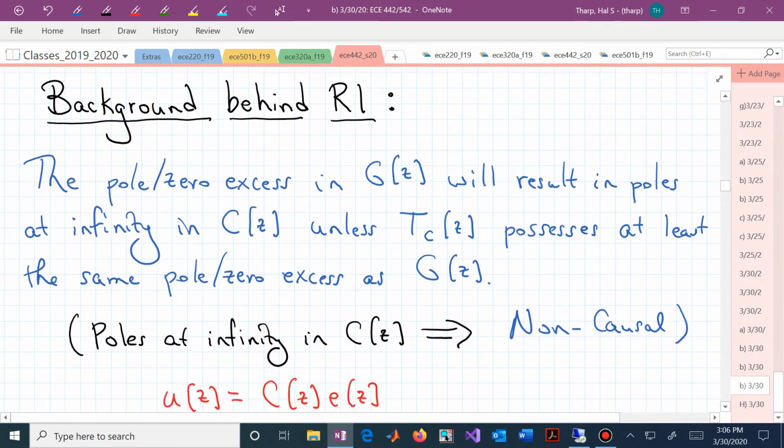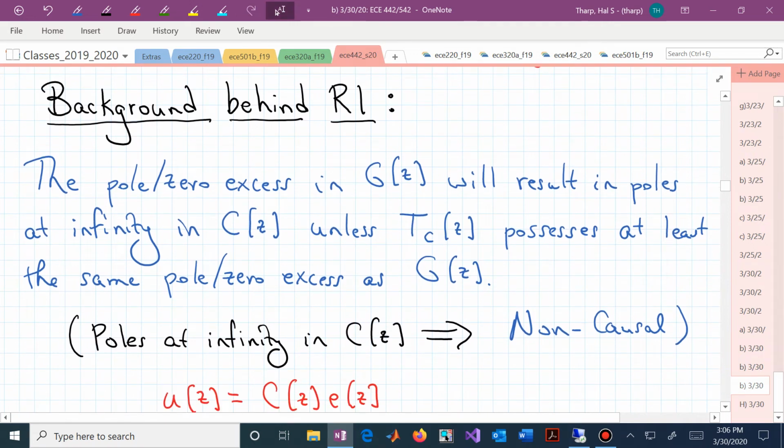What about restriction number 1, the first one, which was concerned with the pole zero excess in your plant matching or at least being less than the pole zero excess in your desired closed loop transfer function T sub c of z? Remember what C of z is doing.